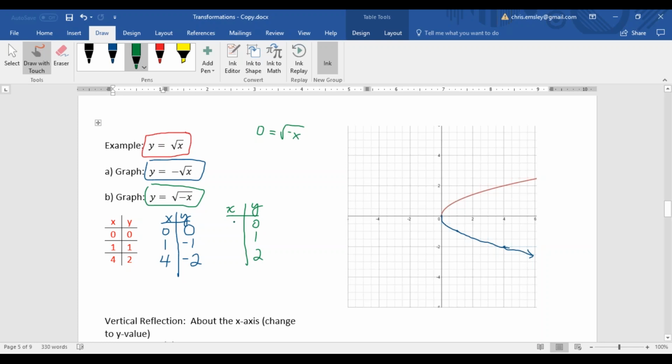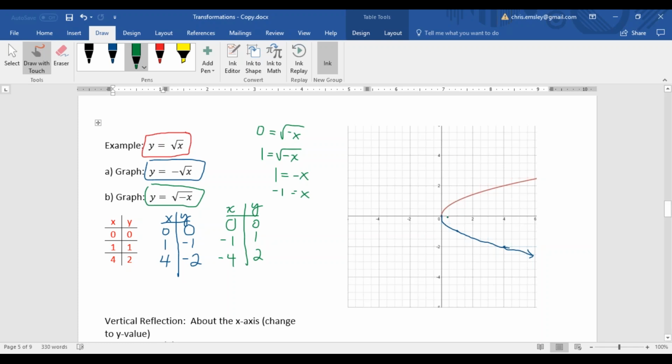Negative sign doesn't really matter. It's going to be 0. What if y was 1? What value would I need for x? To get 1 for y, square both sides. Multiply both by negative 1. So x would have to be negative 1 to get a y value of 1. And again, I could do that for y equals 2, it's going to end up being negative 4.